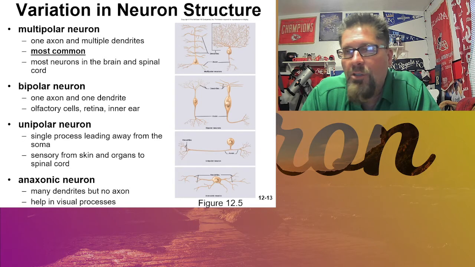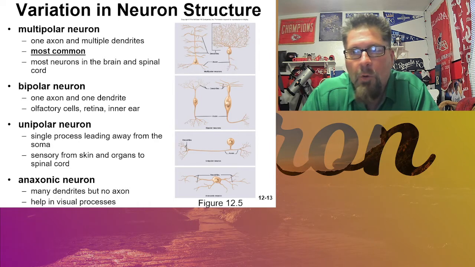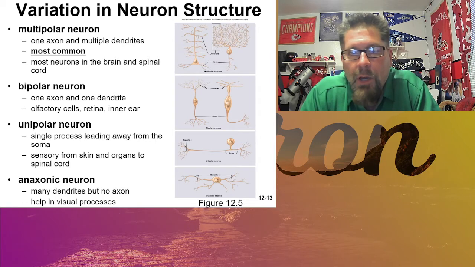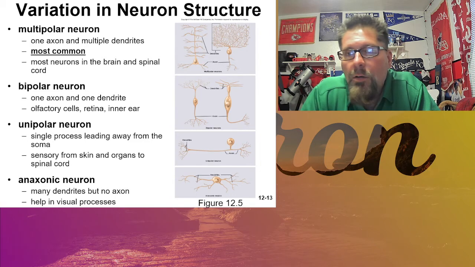Multi refers to many, many, many dendrites. Your bipolar, now you just have one set on each end, and you can see the locations of where these are at. And then the unipolar, now the soma is more towards one end. And in your axonic neurons, no axon, just the soma and then a bunch of dendrites.